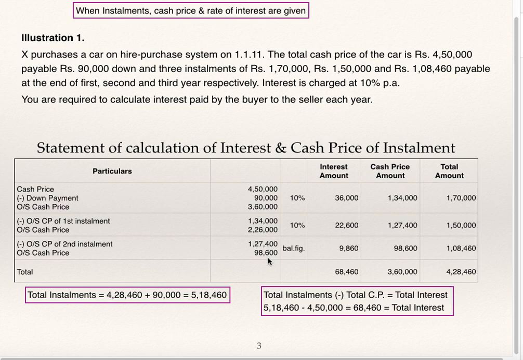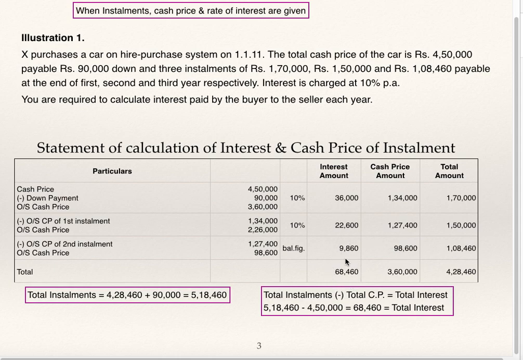If you calculate 10% of 98,600, you will get the same amount of interest, but not always. So while calculating interest for the last installment, you have to be very careful. Whatever you get as outstanding cash price, record it in the cash price column. Installment including interest minus cash price will be the interest.